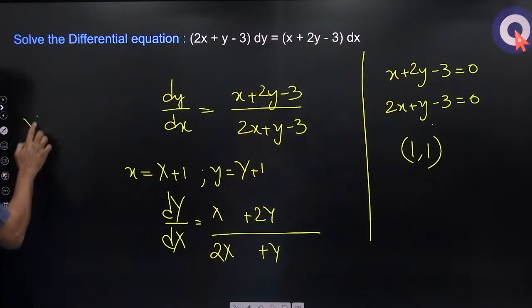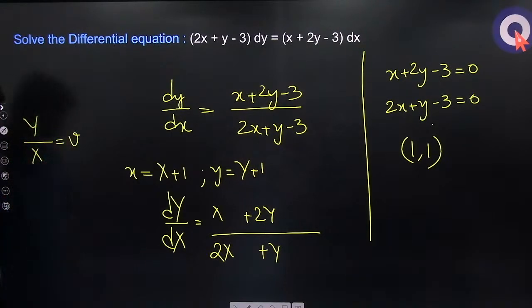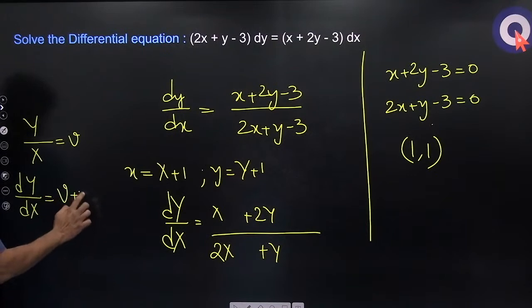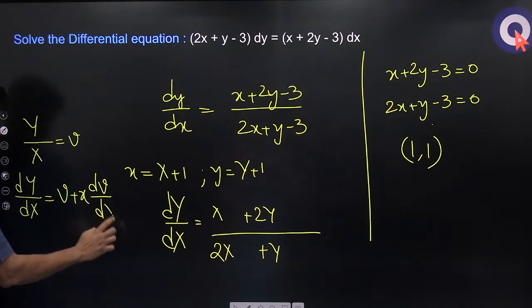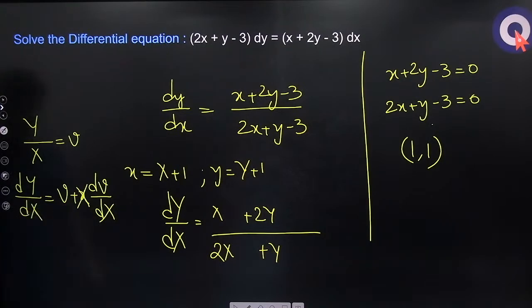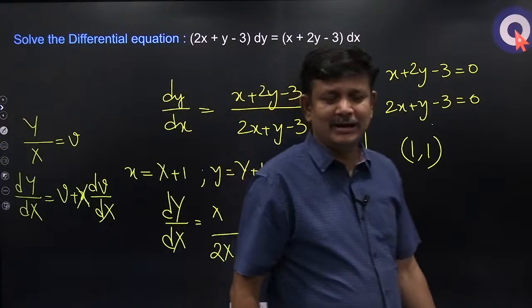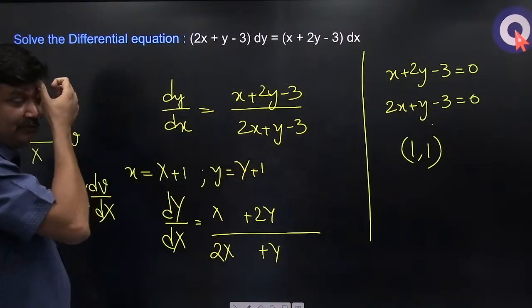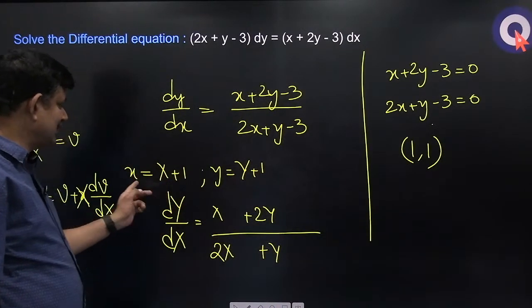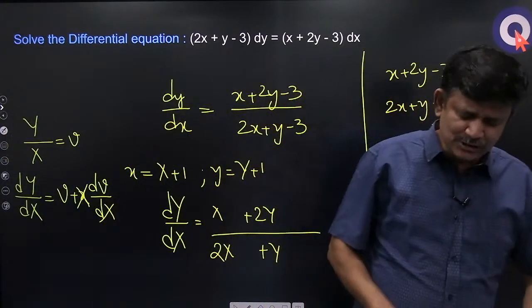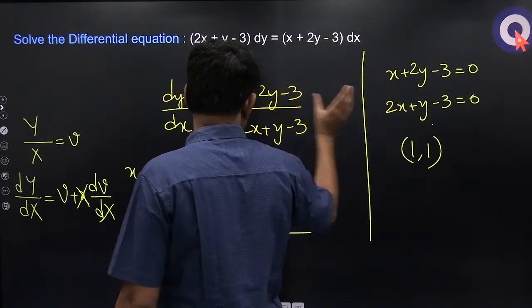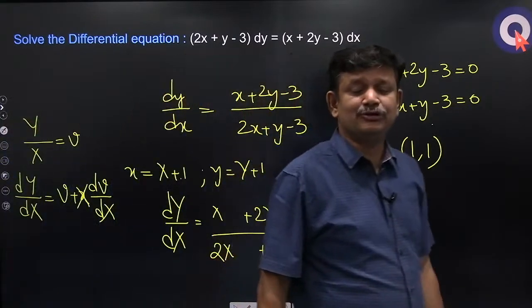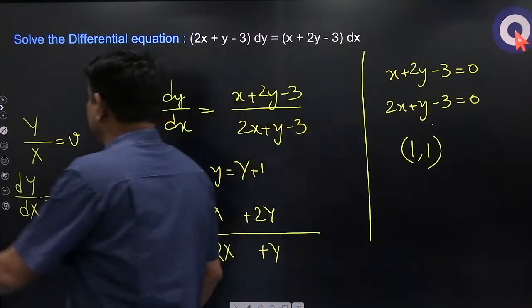So call capital Y by capital X is equal to some V. dY by dX will come out to be V plus X dV by dX. अब सब्स्टिट्यूट कर दो, सॉल्व कर दो. फाइनली जो आंसर आएगा उसमें v को रिप्लेस करो capital Y by X से, and once you get the final answer in terms of capital Y and capital X, is nothing but x minus 1, capital Y is nothing but y minus 1. तो सिंपल क्वेश्चन है और कुछ भी नहीं है, just that point of intersection find out करो and go for a substitution. x is equal to X plus h and y is equal to Y plus k, where h comma k is the point of intersection. सिंपल सी कहानी है.